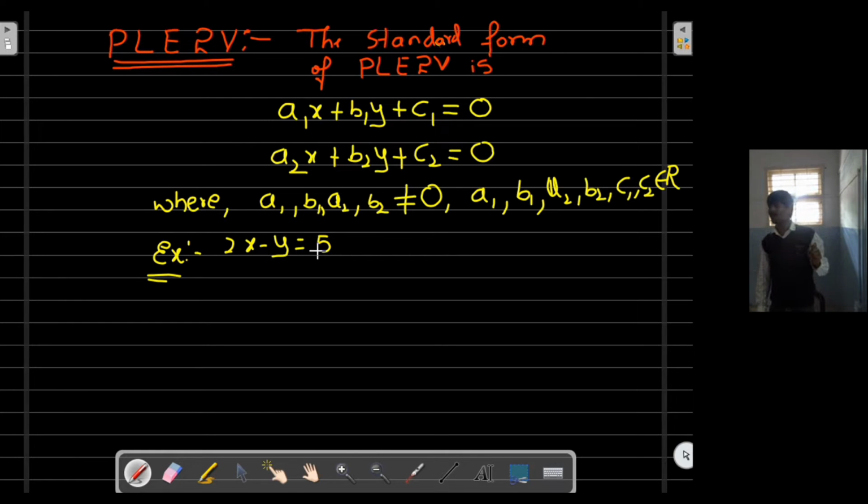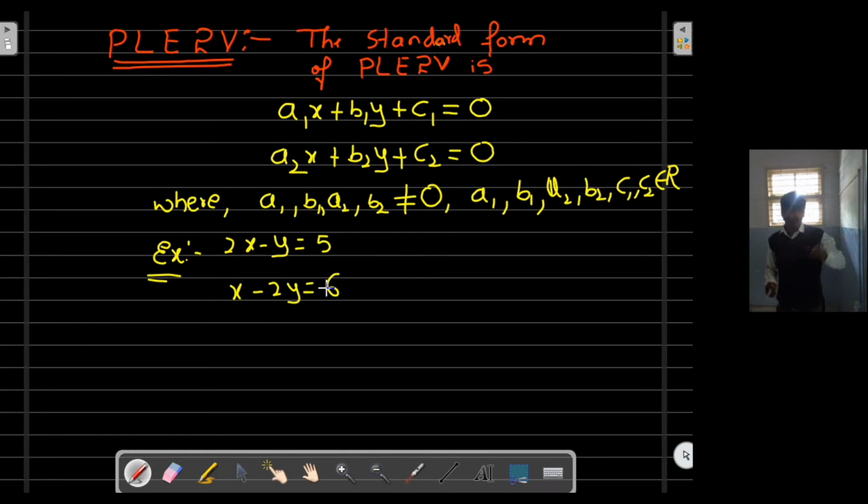If you draw a graph for this equation, you will get a straight line. Suppose we take one more equation, for example, x minus 2y is equal to 6.